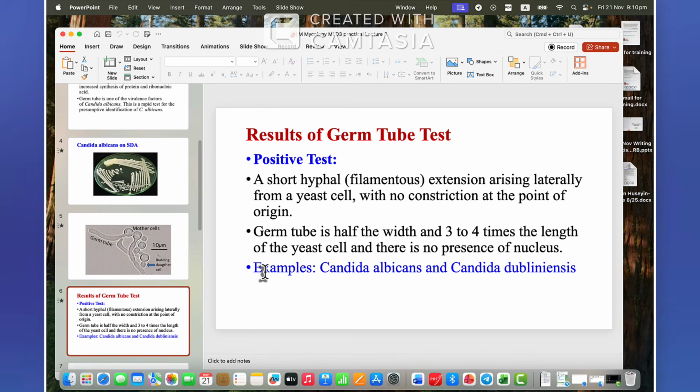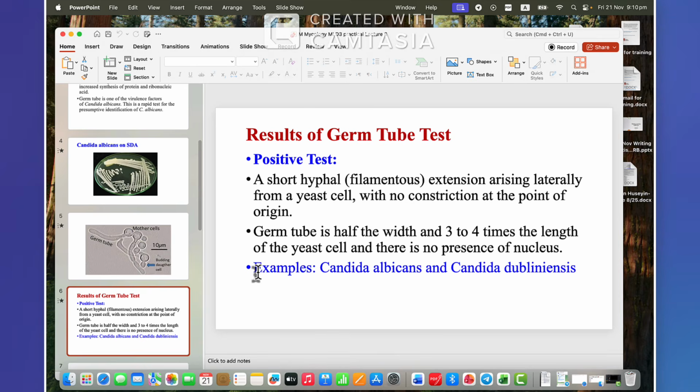In dimensions, the germ tube is about 3 to 4 times the length of the yeast cell, of course with no presence of nucleus.